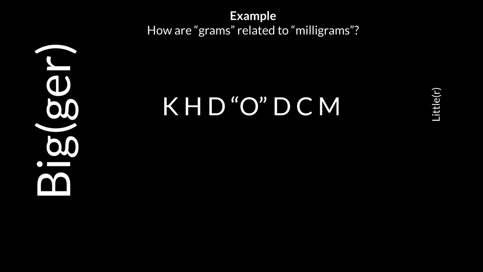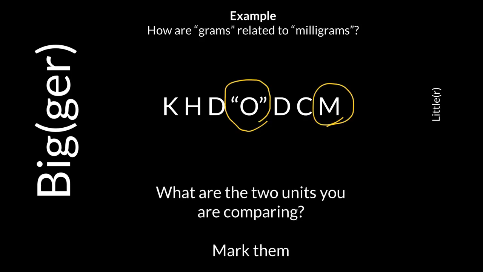Okay. So if I want to figure out how grams are related to milligrams, the first thing I need to figure out is what are the 2 units I'm comparing. So if we want to know grams and how they're related to milligrams, what are the 2 units that we're comparing?